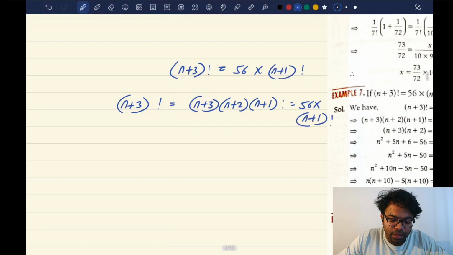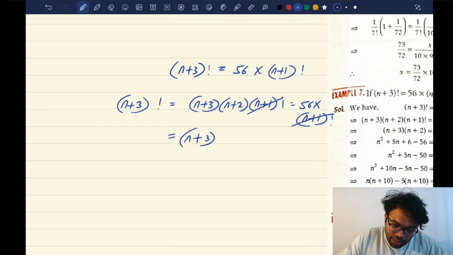Am I right? This n plus 1 factorial and this n plus 1 factorial get cut off. Therefore, n plus 3 into n plus 2 is equal to 56.